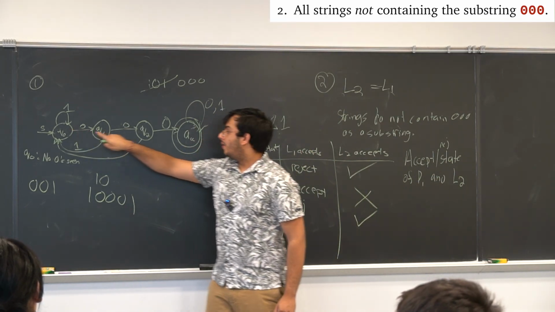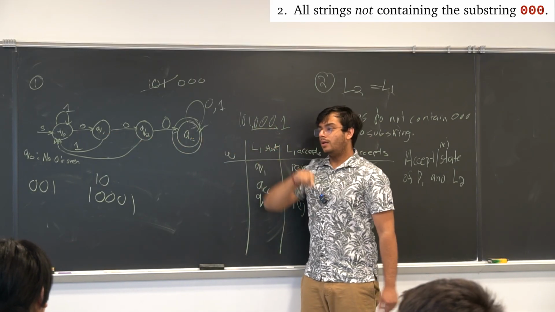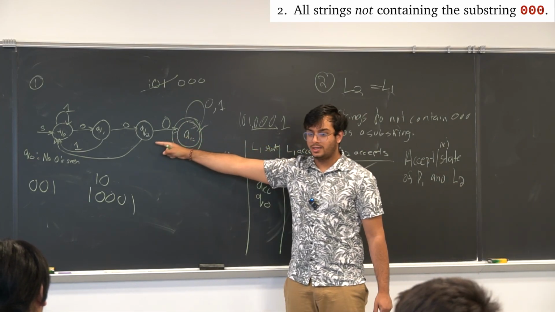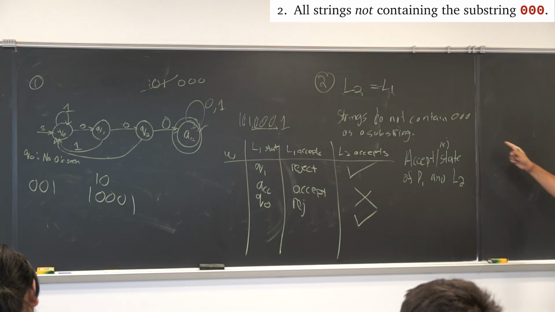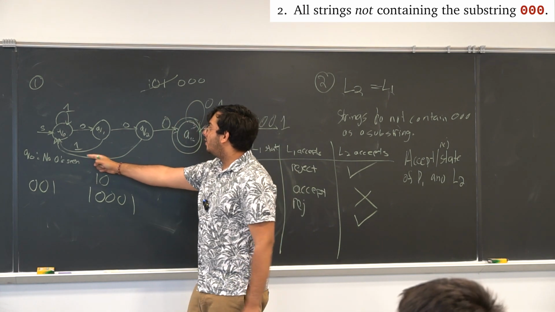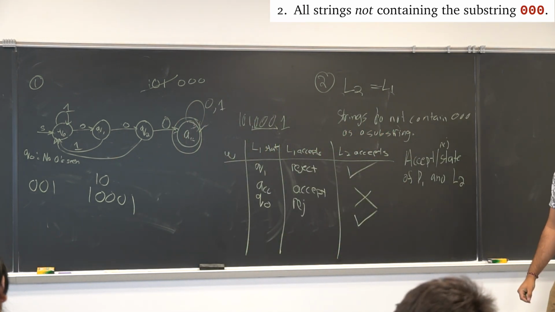This is rejected by L1, this is rejected by L1, this is rejected by L1, and this is accepted by L1. That means that any string that is rejected by this DFA should be accepted by the DFA that I draw in L2. Anything that is accepted by this DFA should be rejected, unless I said the same thing twice, but you get the idea.